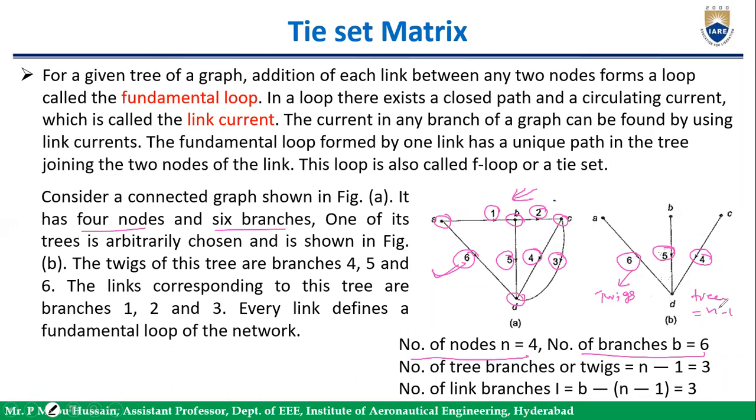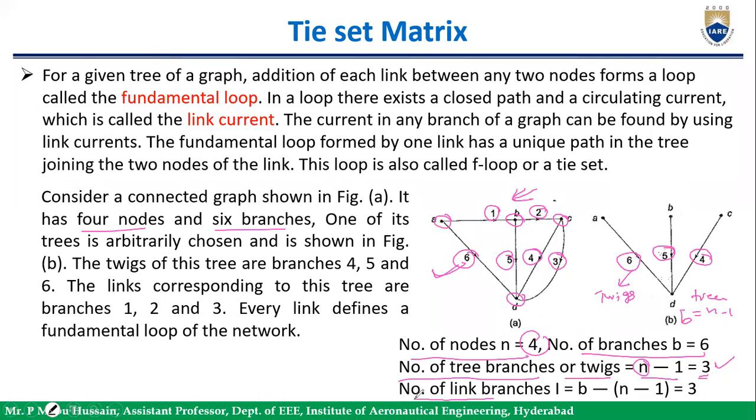If you have n nodes, then n minus 1 is the number of branches in a tree. So the number of twigs here will be n minus 1, and as there are 4 nodes, 4 minus 1 becomes 3. So 3 are the twigs of the tree, and the remaining branches are called the links.